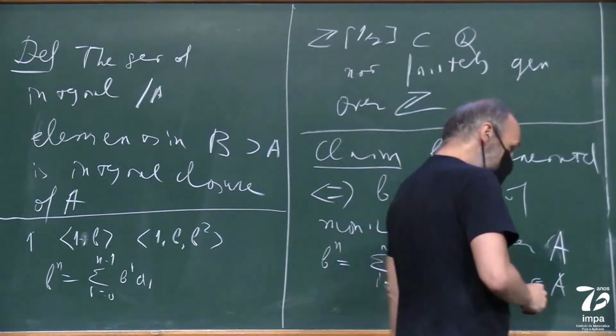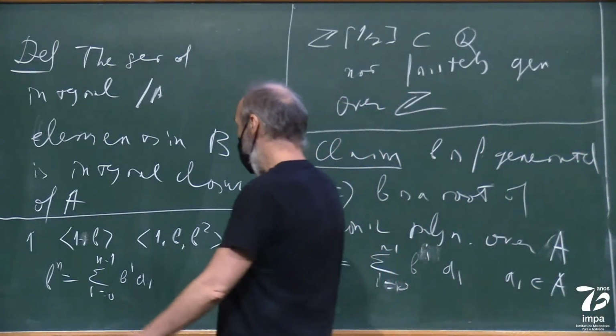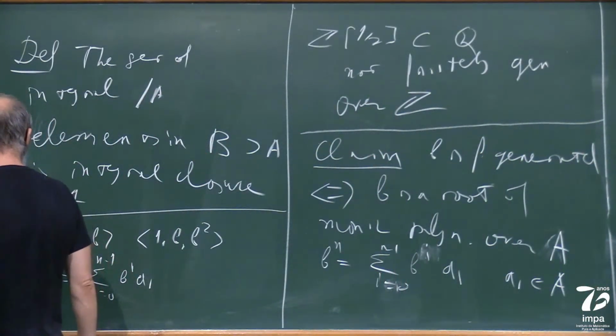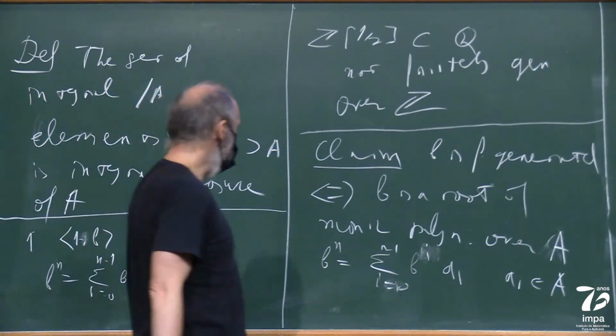Okay, the other observation which I did last time, I'm not going to repeat, because we had it with algebraic numbers and the proof is the same. If you have two integral elements, you can add them and the sum is integral, and the product is also integral. So this implies that this is a ring.